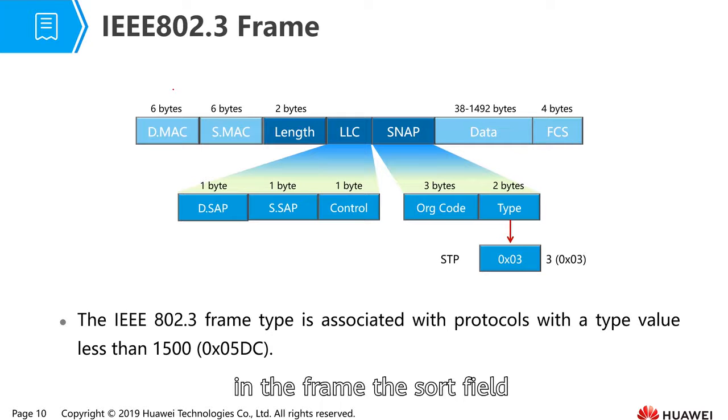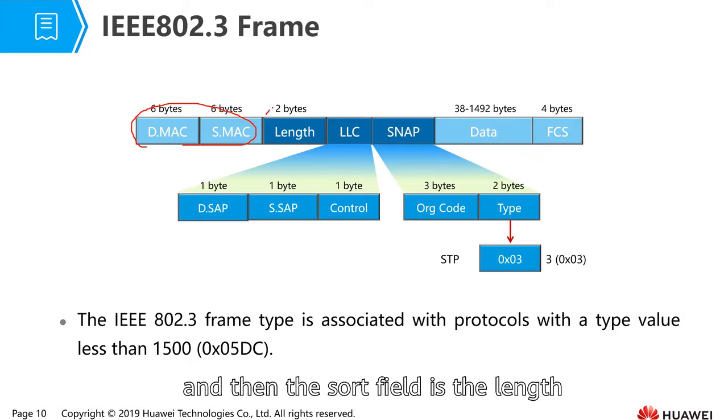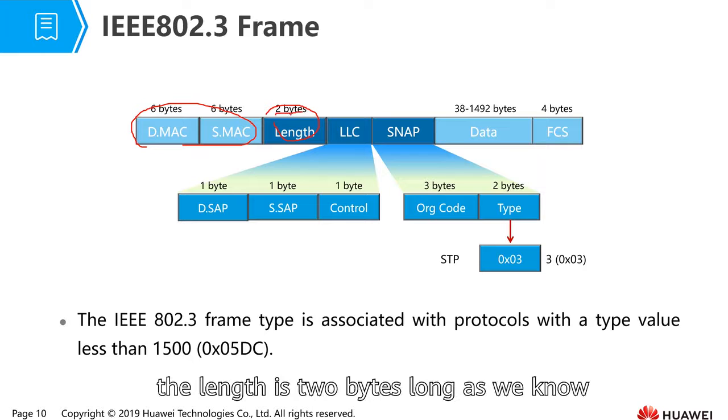In this frame, the source field, the previous 2 is the same, and then the next field is the length. The length is 2 bytes long.